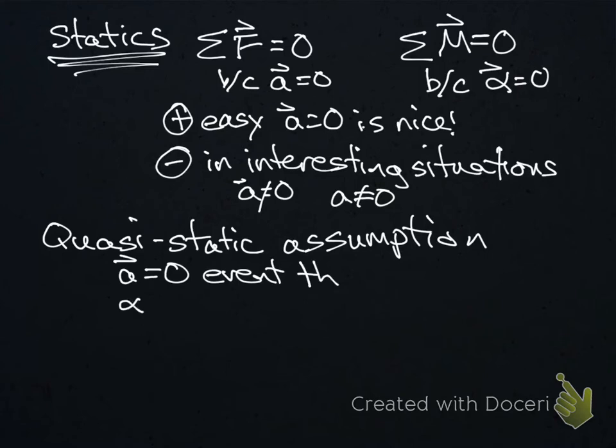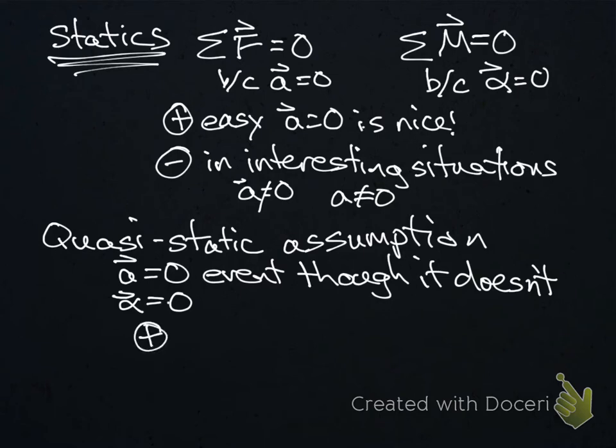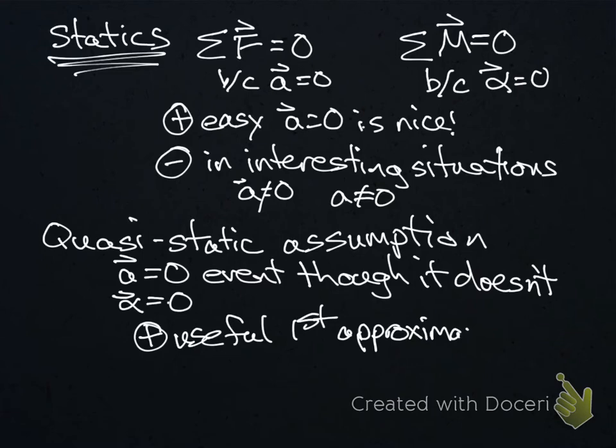And that's both A's, alpha and A. You can do this, but it limits the usefulness of your conclusions. The pros are that it's a useful first approximation. And if you read the fine print on the Hutchinson Dinosaur T-Rex article, you'll notice that they make that assumption in that article. The cons are that it's not realistic.